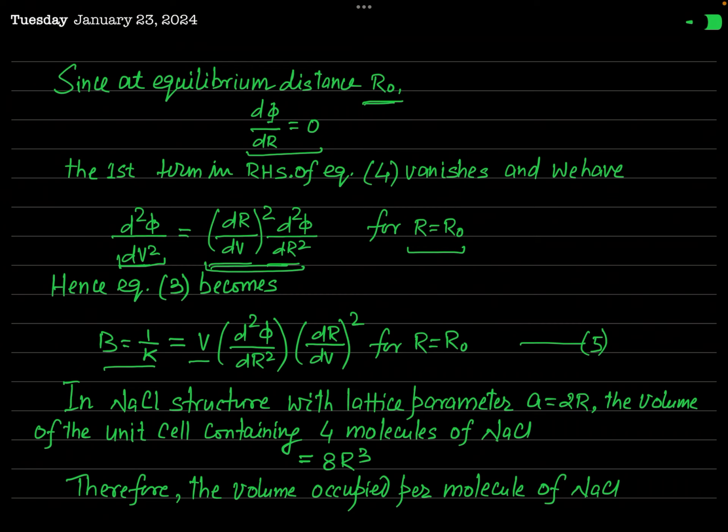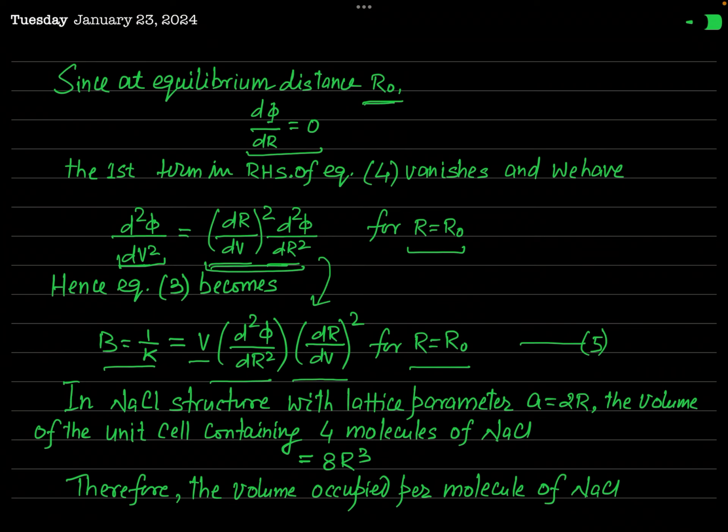So I have substituted it here, and after substituting, we see that B, which is equal to 1 over K, equals V times d2 phi by dr square times dr by dv whole square at r equal to r naught. Okay. This is actually the general result which we have obtained for the adiabatic compressibility K or the bulk modulus B of the crystal.